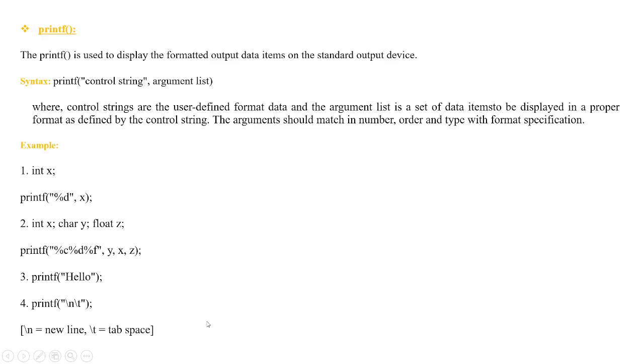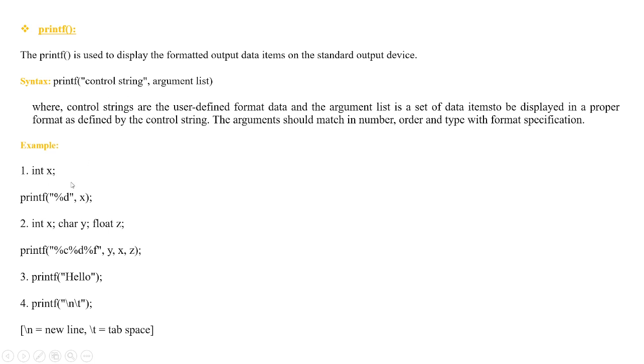And printf, as we said, is an output statement which is going to display the values that we have stored in the variable. The syntax goes this way: printf control string, comma, whatever value is specified over there in the argument list. The argument list values will be displayed at their appropriate control strings.